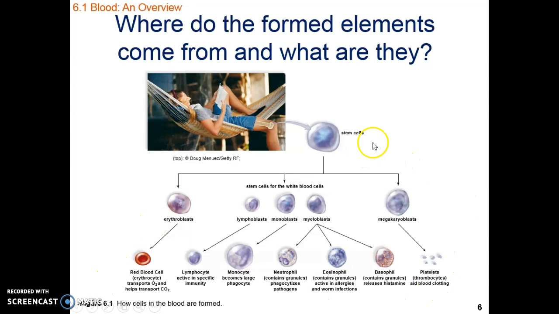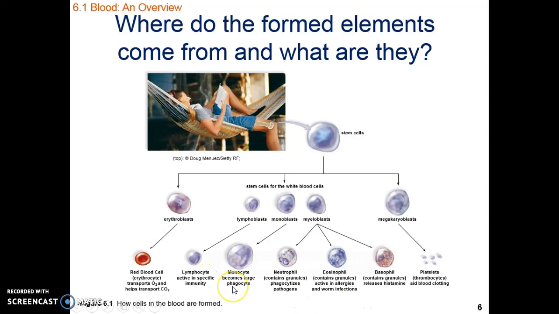All right, so you have the stem cells that form all types of cells. It depends on what signal they get, and depending on those signals, they turn into different precursor cells, and then those form the actual adult cells or the mature cells. So you have the platelets, neutrophils, eosinophils, basophils. These are important for defense, but different types of defense.